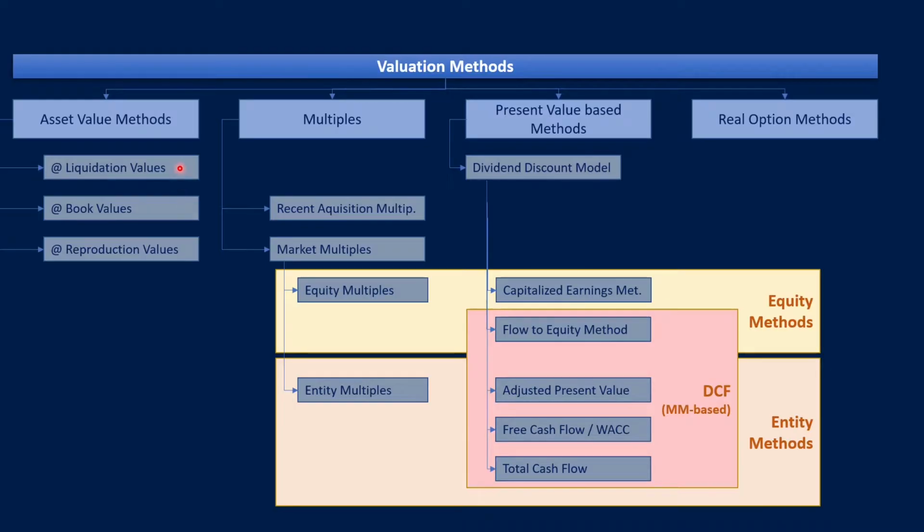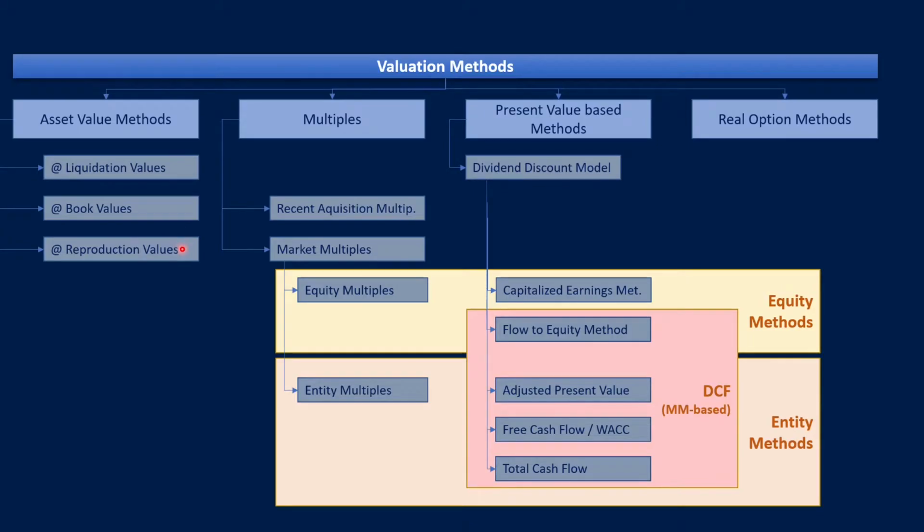Nevertheless, the so-called liquidation value, so all assets valued at their liquidation value as if you want to sell them, is usually meant to be the lower bound of every business valuation. Why that? Because it's always an alternative to liquidate the company.